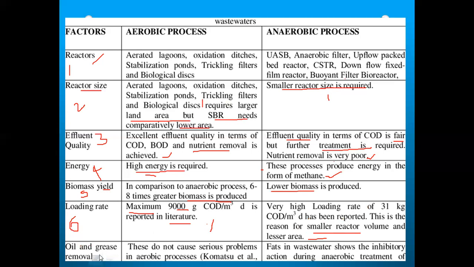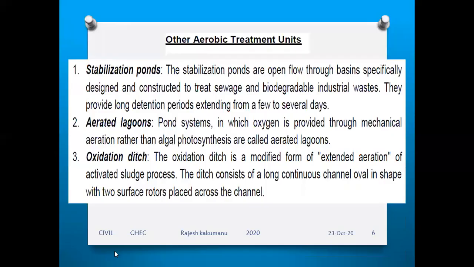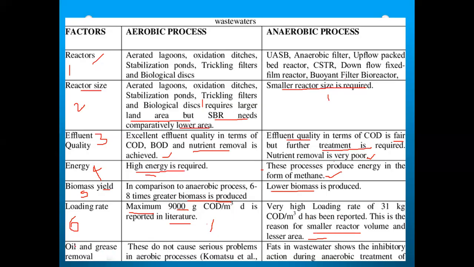Next, seventh one is the oil and grease removal. Here they do not cause serious problems in the aerobic process. So the concept of oil and grease removal does not cause any disturbance to the aerobic process. Example, Kumatsu is an author for this statement.